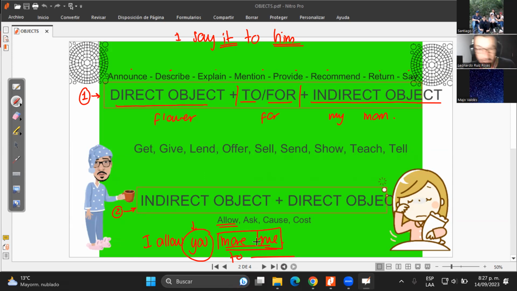But if it's a noun, an object, it's going to have no preposition. It's just the object and that's it, right? Or for example, you ask me many questions. What would be the direct object in this case when I say you ask me many questions?